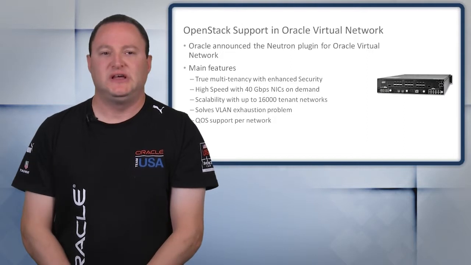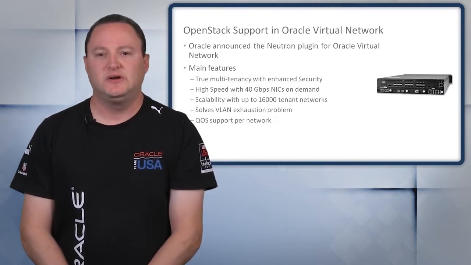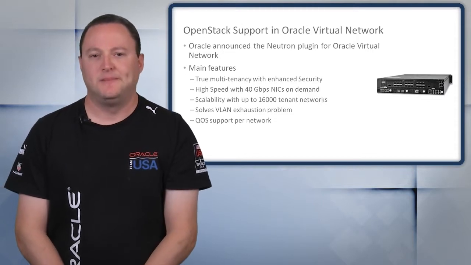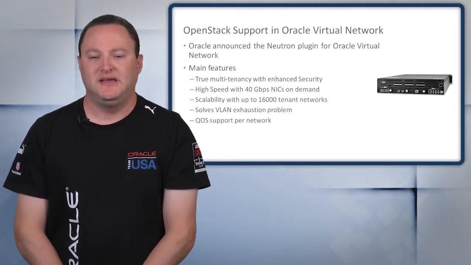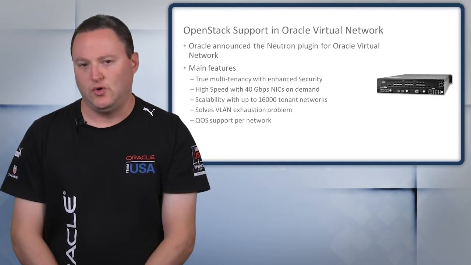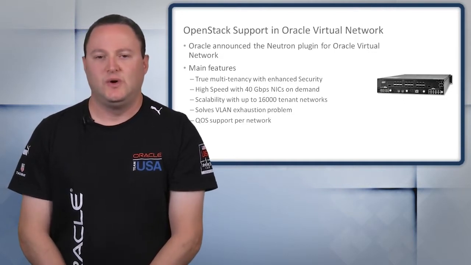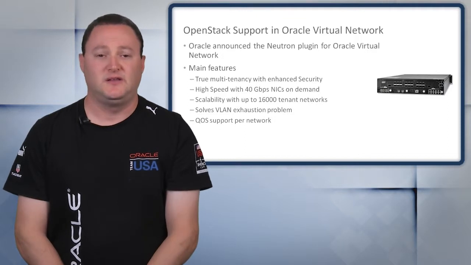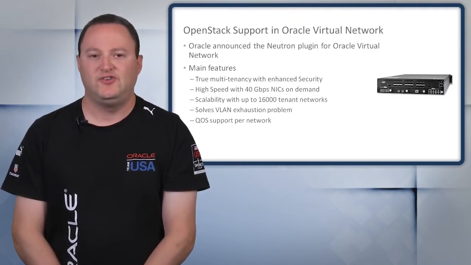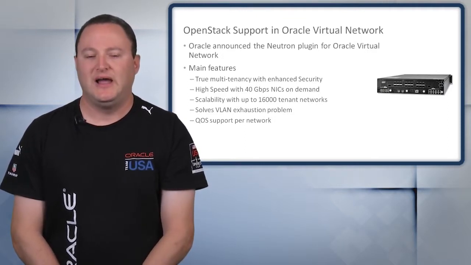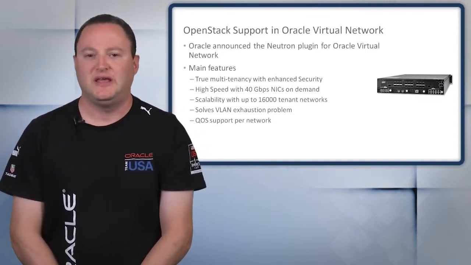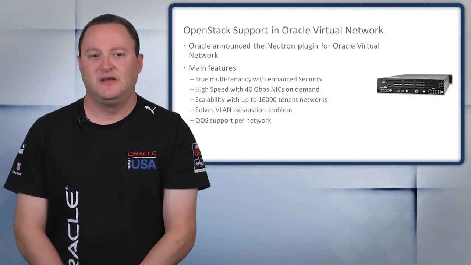Also, as mentioned, the Oracle Virtual Network now has a Neutron plugin for the network service, and this makes it a very powerful option for OpenStack users. So the OVN has very good and secure multi-tenancy features. It could provide a very high performance network, much more than the standard 10 gigs.